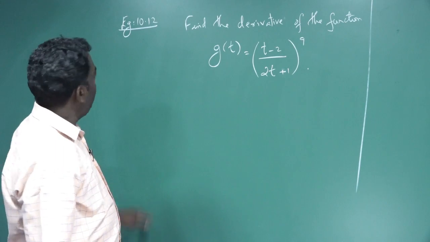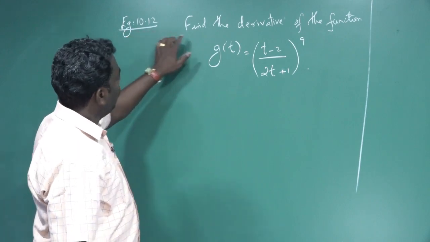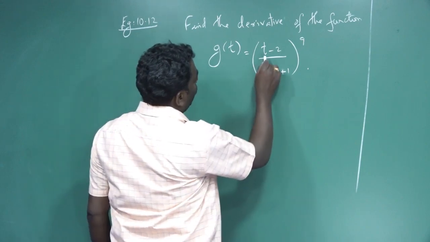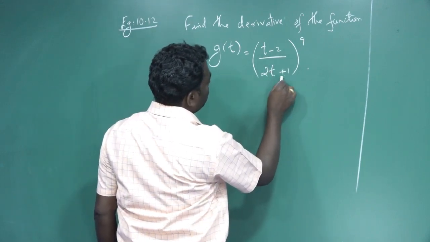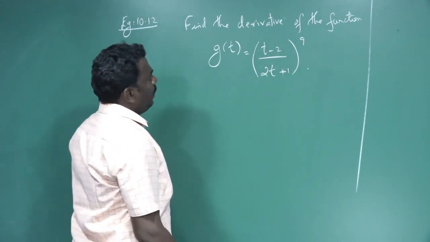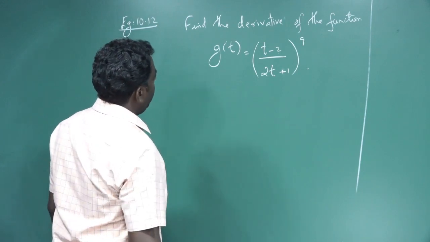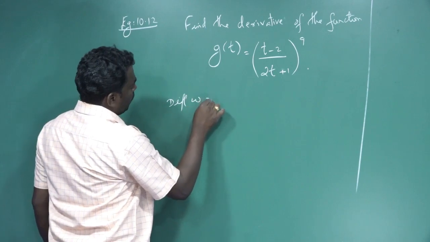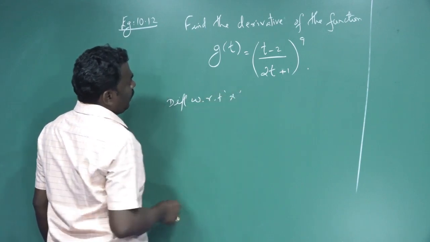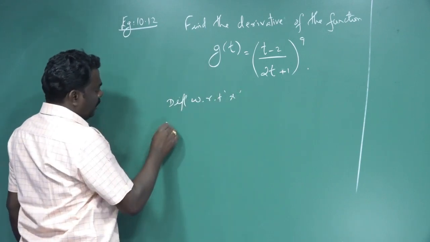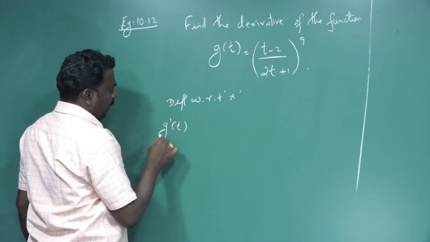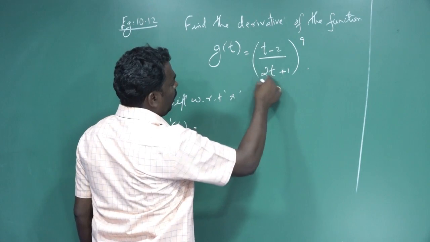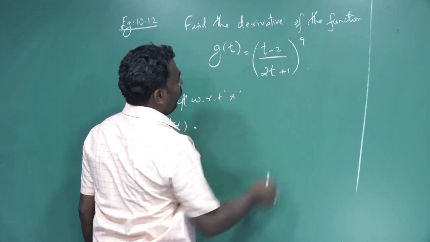Come to the next example 10.12. Find the derivative of the function g of t that is equal to (t minus 2 by 2t plus 1) whole power 9. Now directly we differentiate. Differentiation with respect to x, the left hand side becomes g dash of t, that is equal to, we consider this total term as x power n form.